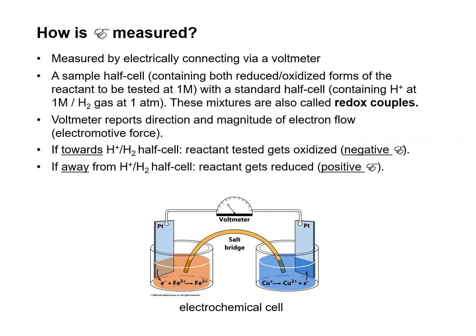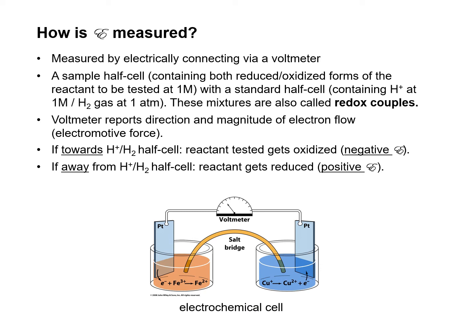Then how is this reduction potential E measured? It is measured by electrically connecting two reactants via a voltmeter, and among the two reactants, one will be used as a standard. So there's a sample half cell containing both reduced and oxidized forms of the reactant at 1 molar, so it's going to be standard condition, with a standard half cell, which is typically hydrogen ion at 1 molar and hydrogen gas at 1 atm. These mixtures are also called redox couples.